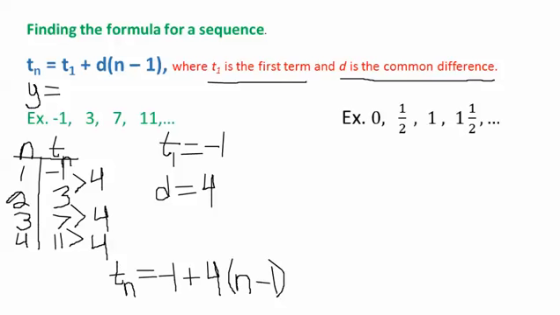Our next example over here has fractions in it, but it's going to be all right, okay? Fractions are your friends. I'm going to, again, start with a table. I have 0, 1/2, 1, and 1.5.